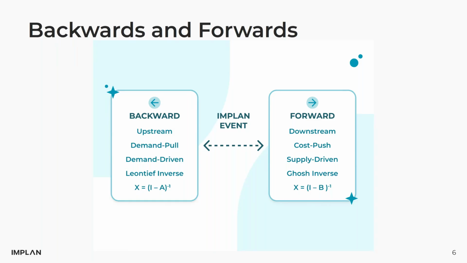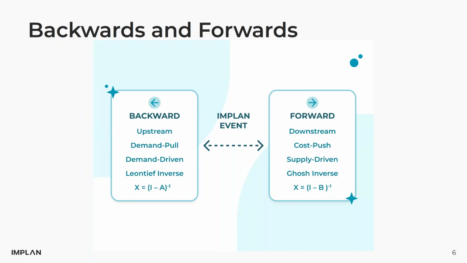An A matrix is derived by dividing each of those columns by its total to arrive at the technical coefficients for the industry's production. Multipliers are then calculated using the Leontief inverse formula shown here, where you see the identity matrix minus the A matrix, then inverted. So that's how we get multipliers that we use in traditional IMPLAN analyses.